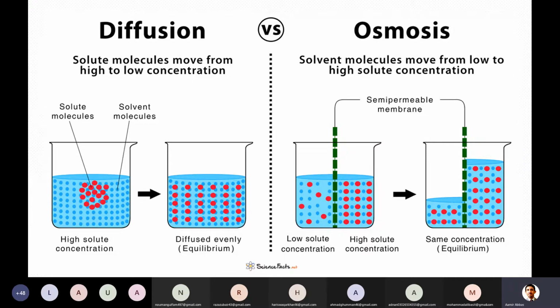For example, as shown here, let's say you take water and then put some salt or sugar in it. If you add it at just one point, those solute molecules will start moving throughout the main solvent slowly.